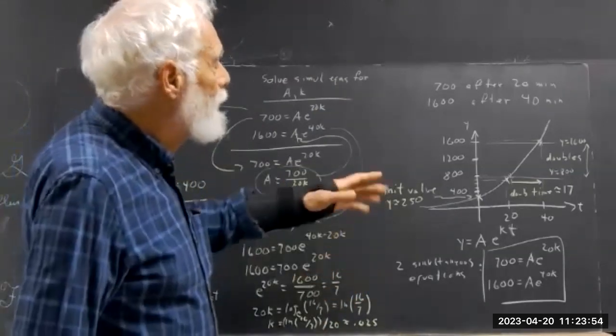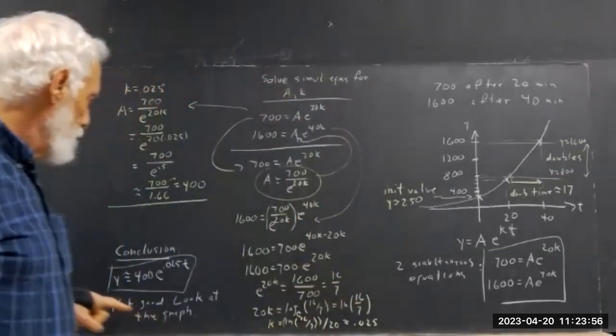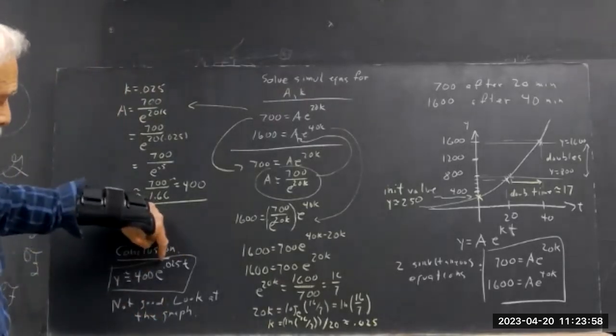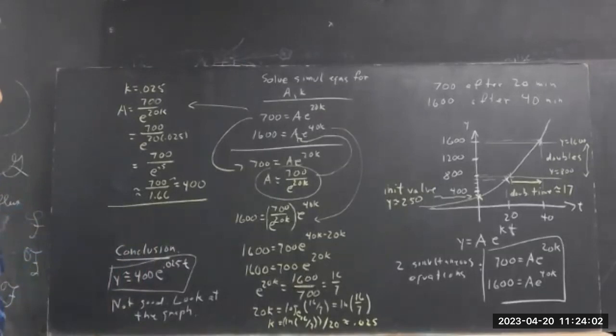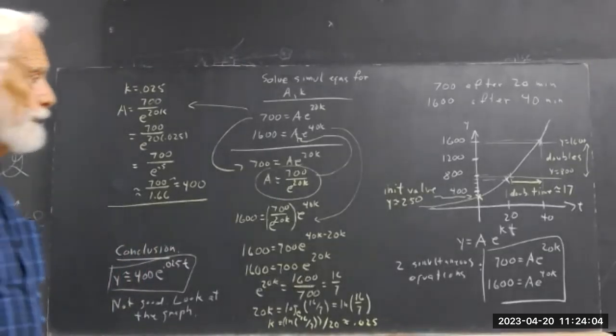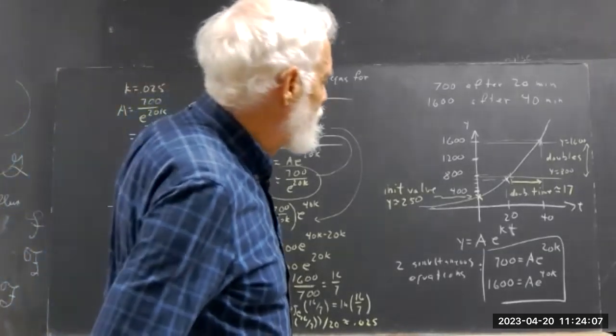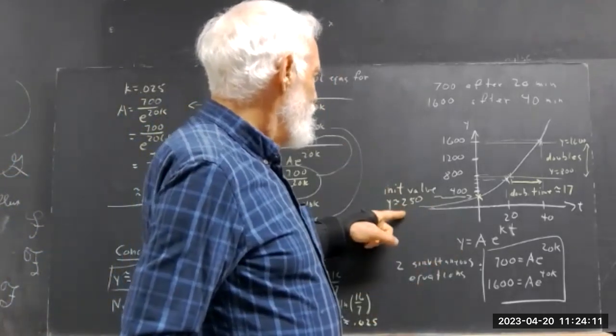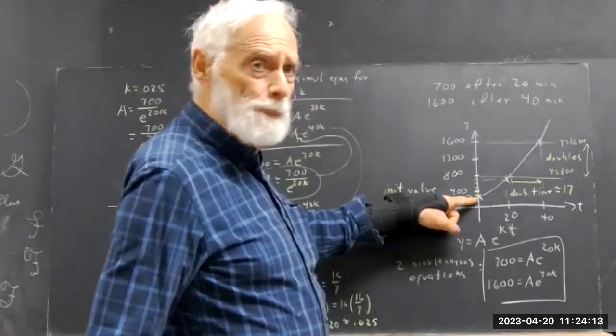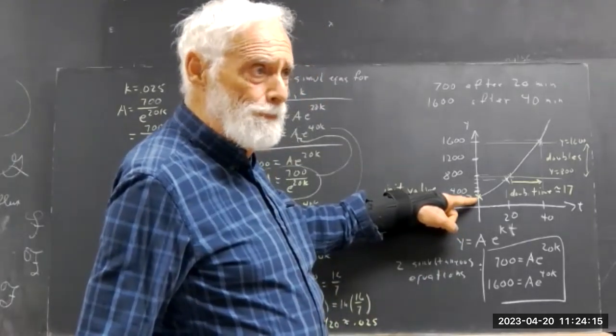Okay. If I look at the graph, this makes no sense because if t is 0, y should be 400. Okay, well, kind of makes a little bit of sense. Initial value, I estimated y is 250.